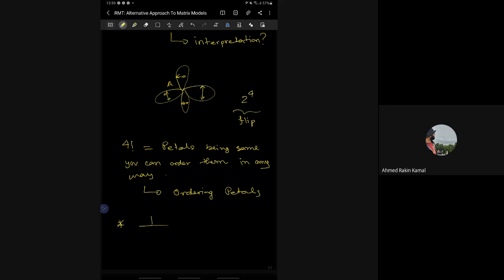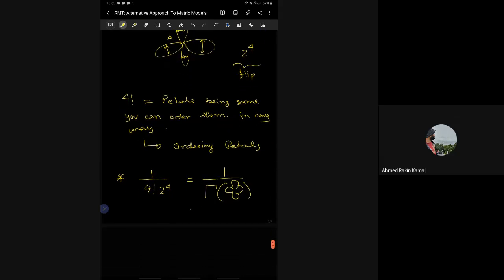So this number, we will call the automorphism factor, but sometimes in QFT, we call this the symmetry factor of the graph.